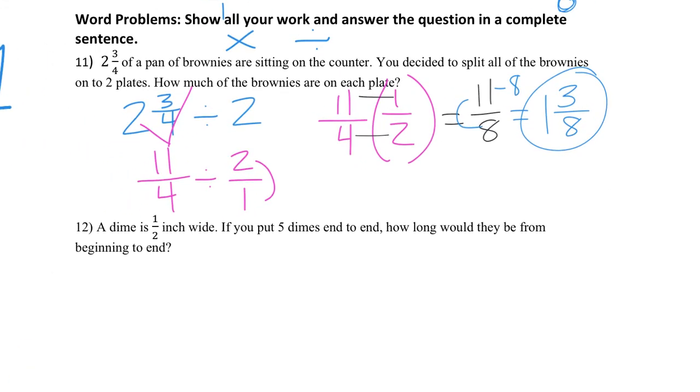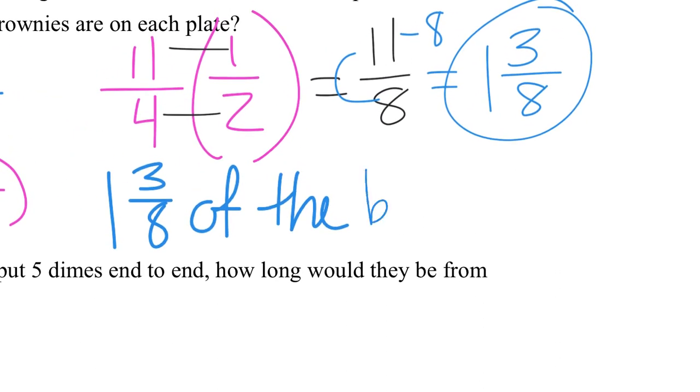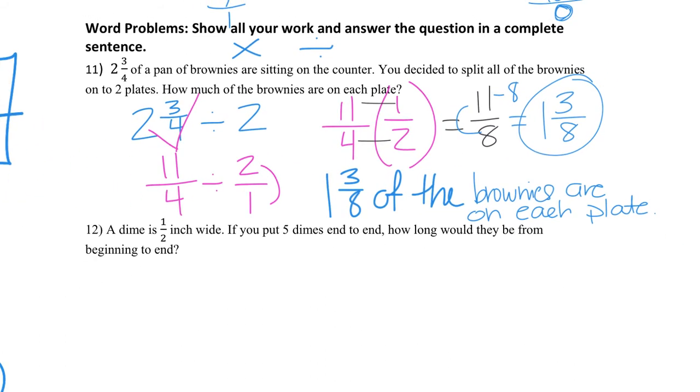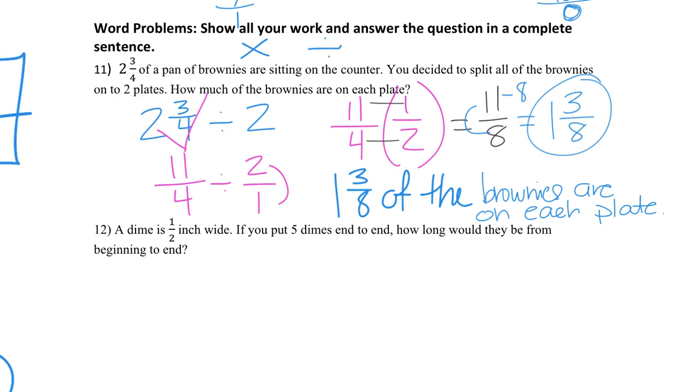How much of the brownies are on each plate? 1 3/8 of the brownies are on each plate. Remember, we need a sentence. Make sure you put a period at the end of it that answers the question that was being asked.